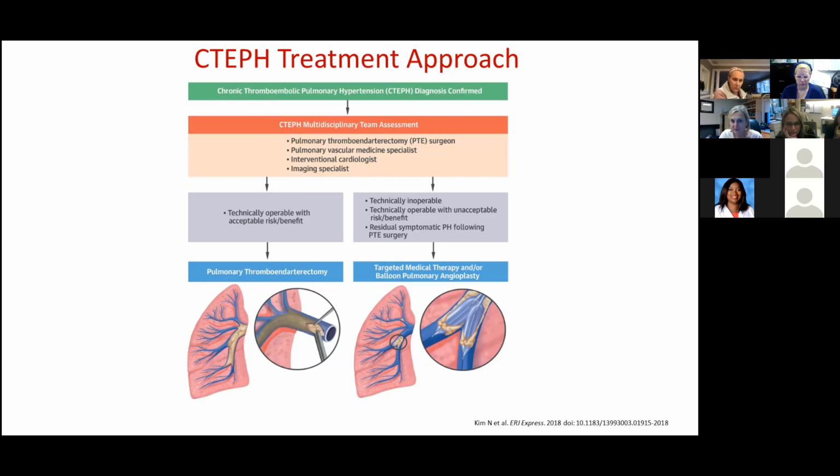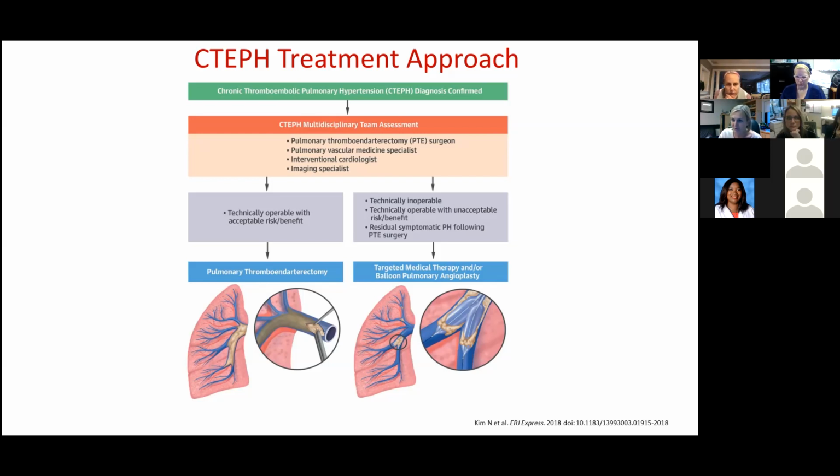We assembled a team a couple of years ago, and with Dr. Tang coming here, we have been able to do some of the PTE surgeries, which is great. The first thing we do, every month to every 2 months, is present patients, and you want to know whether a patient has operable disease.